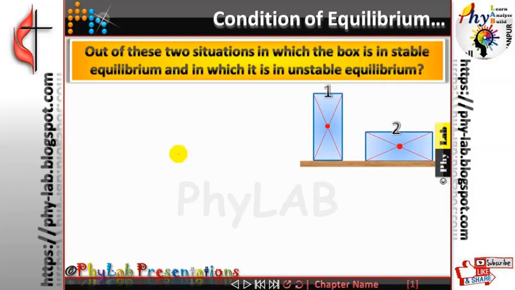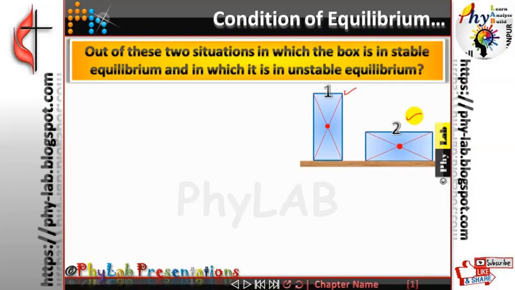Now you can see on the screen I have shown you two different positions of the blocks, 1 and 2. Out of these two positions, which one is the stable equilibrium and which one is unstable equilibrium? Let's discuss that particular point.